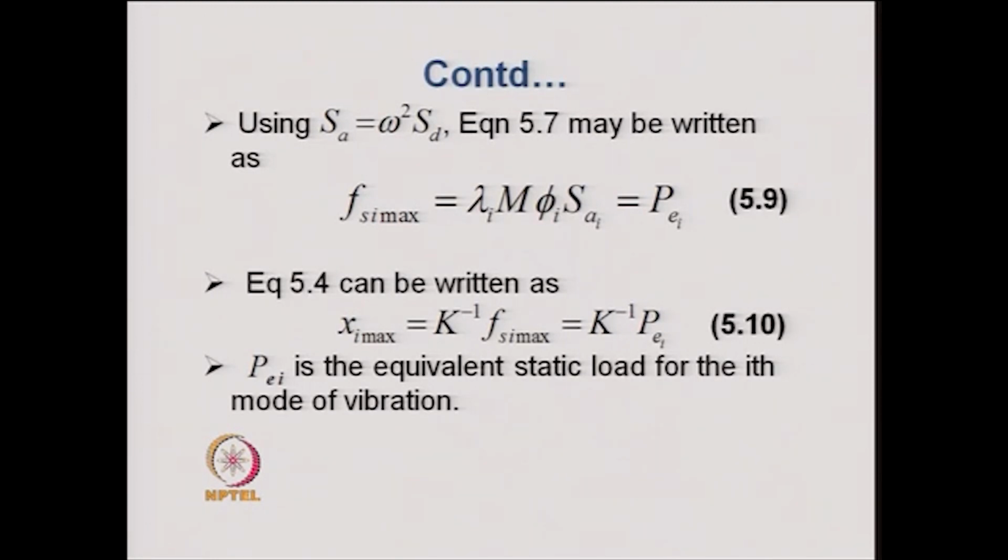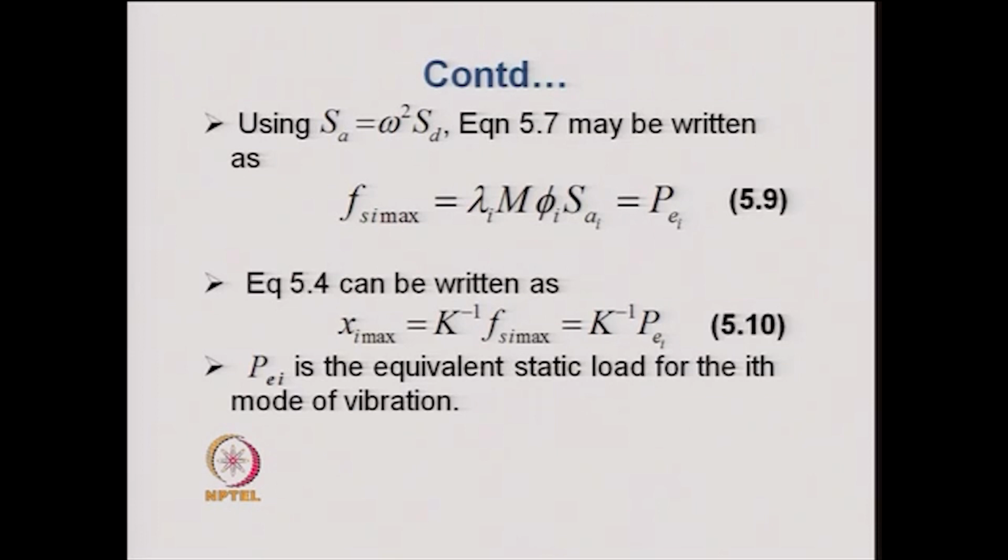Then we know the relationship between the displacement response spectrum and the pseudo acceleration response spectrum, loosely called the acceleration response spectrum, and that is SA is equal to omega square into SD.